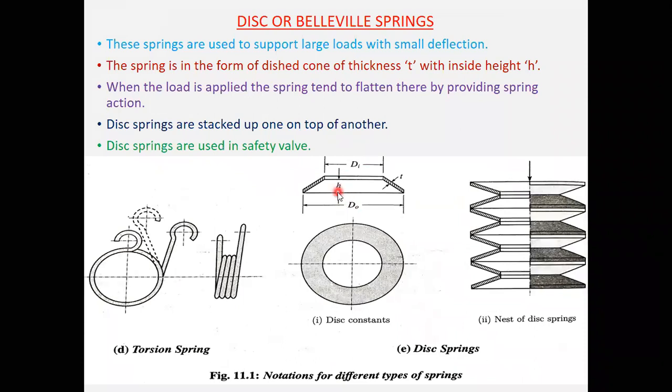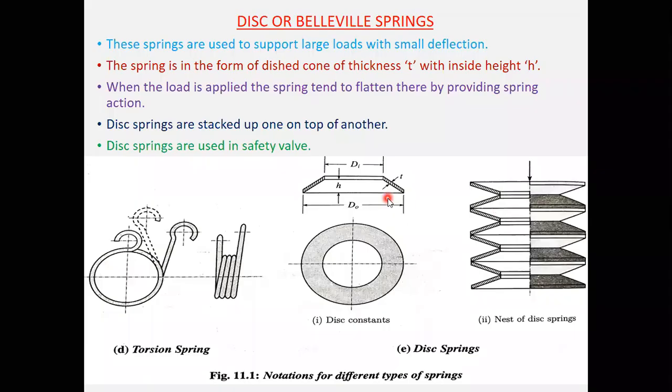Whatever the deflection is, it will be less than the thickness of that spring, because when you apply the load, it will come down and flatten up. It will be equal to h at most, but not beyond h. When the load acts, the entire thing becomes flattened at the maximum load. Means h can be equal to y, when the spring becomes flat.